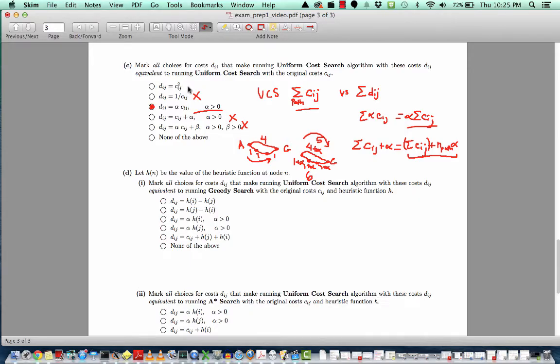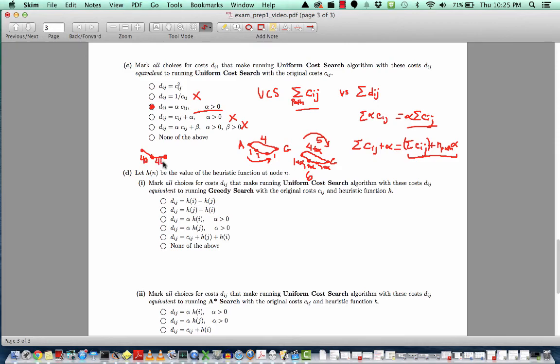Now let's look at this first answer. So when Dij is equal to Cij squared, some edges are going to be scaled more than others based on the value of that edge. For example, if you have 2 nodes that have weight 40 versus 1 node that has weight 70, and this is your goal, and this is your start.